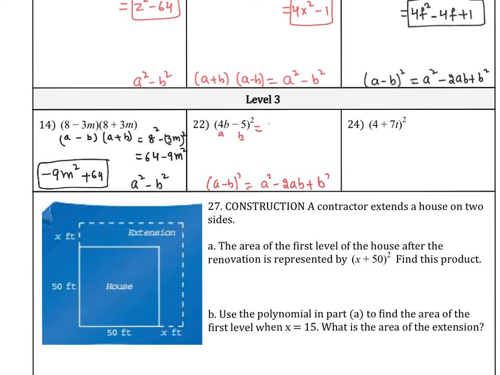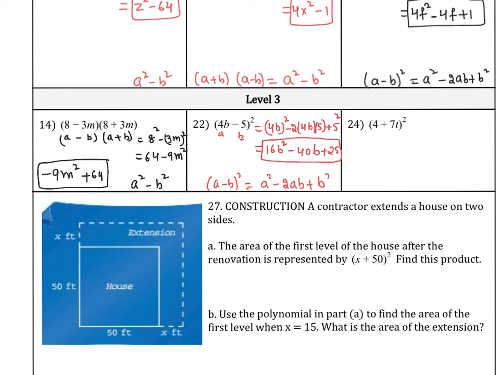So that's going to be (4b)² minus 2 times 4b times 5 plus 5². 16b² minus 2 times 4 is 8 times 5, 40b, plus 5², that is 25. So the answer is 16b² − 40b + 25.